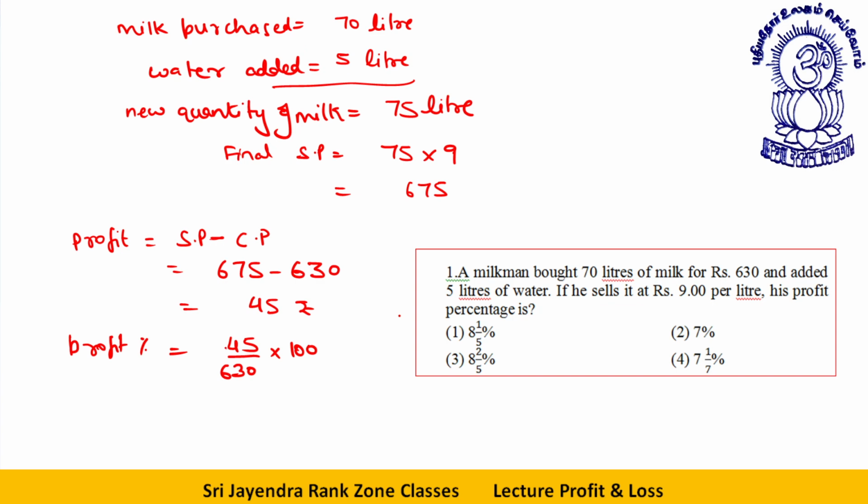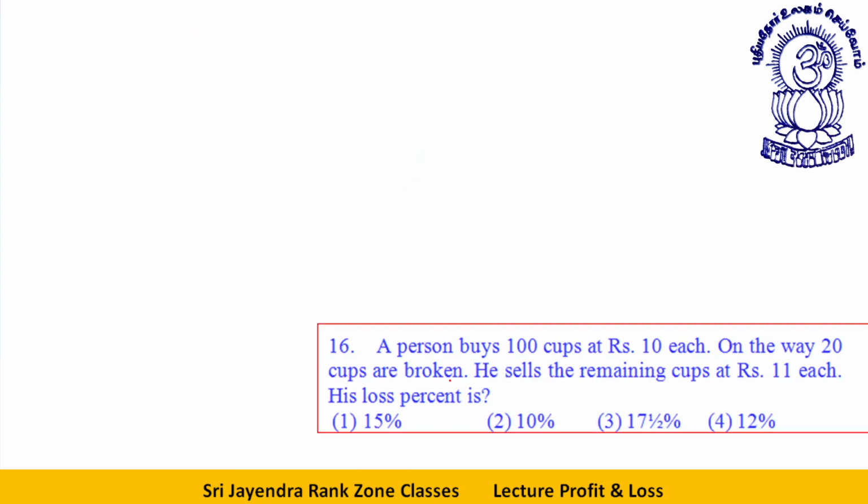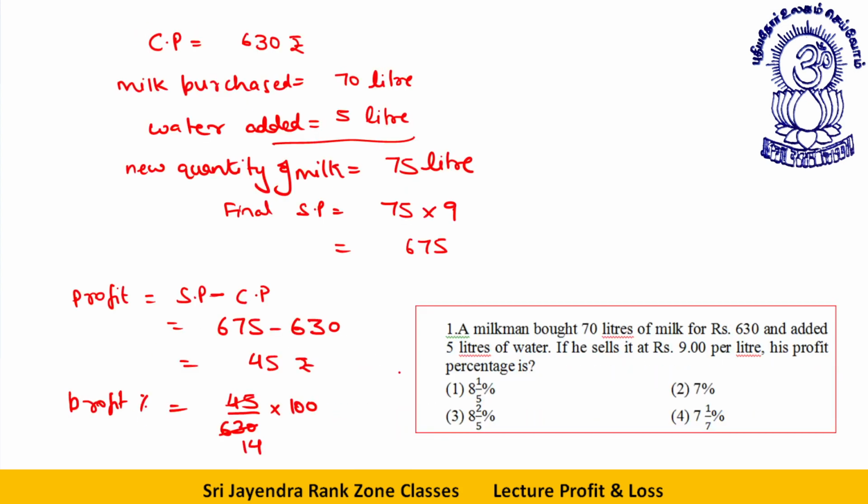See, 45 into 2 is 90, and 90 into 7 is 630, so it comes to 100 by 14, that is 7 1 by 7%. You can write it as 50 by 7 if you want. You can have a look over it if you want to.